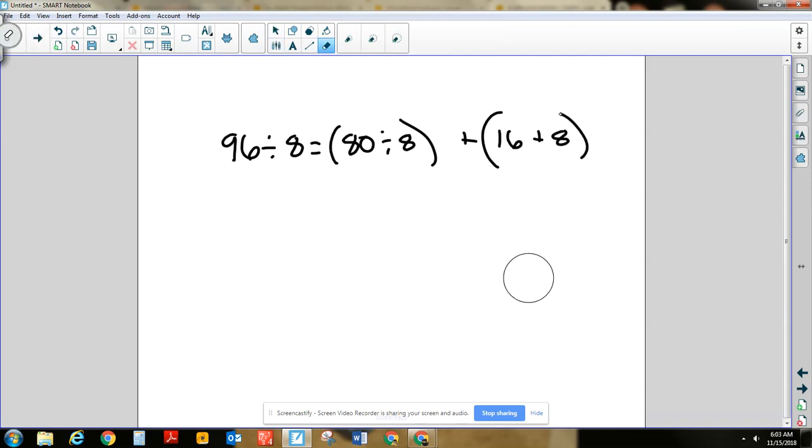Whoops, you see how I put a plus symbol there? I meant a division symbol. 80 divided by 8 is 10, plus 16 divided by 8 is 2. It happens. I put 10 plus 2 together and I get 12. And 12 times 8 is 96.